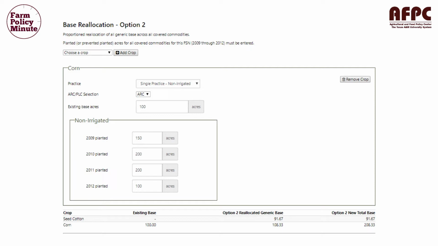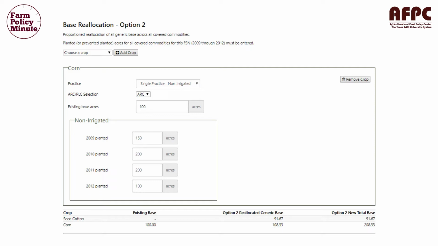So when you look at option 2, you have to add crops that you did plant. In this example that we put together, we had one other crop planted. It was corn, and it was non-irrigated corn. They had chosen ARC. It's important for calculating payments. You'll see in a little bit.